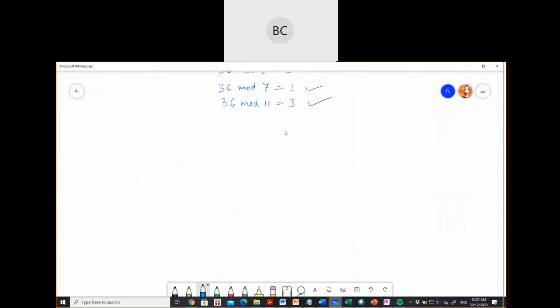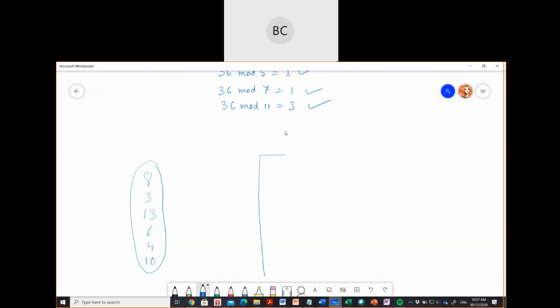Collision handling means, when collision occurs, for example, 8, 3, 13, 6, 4, 10. These are the keys I have. Now I will have a hash table, where you are going to take the input from this, the key space, and this is your hash table.